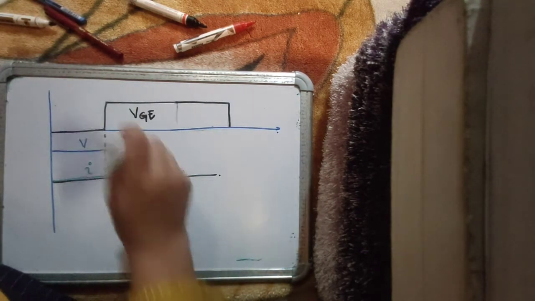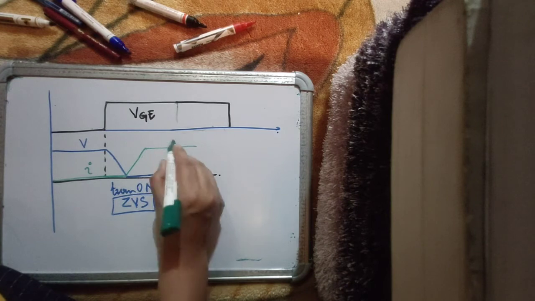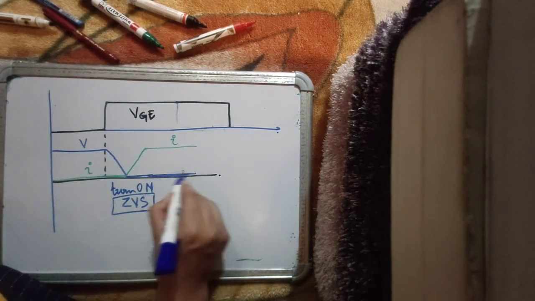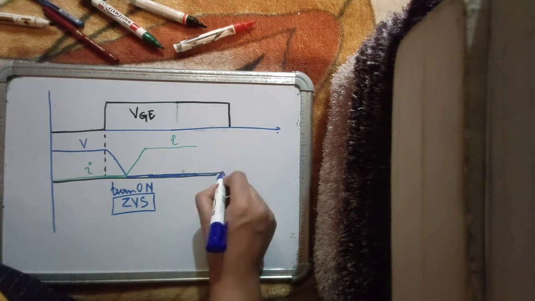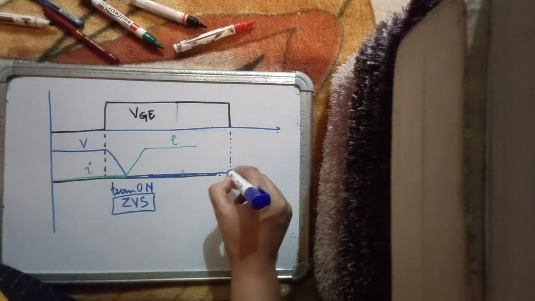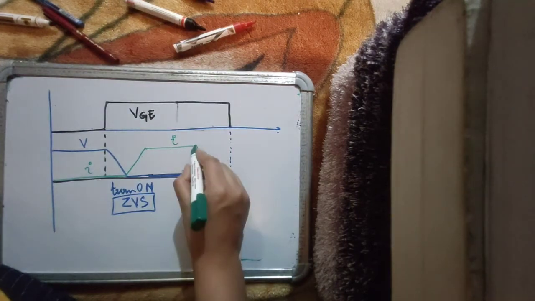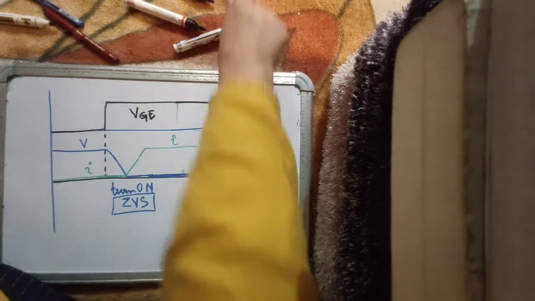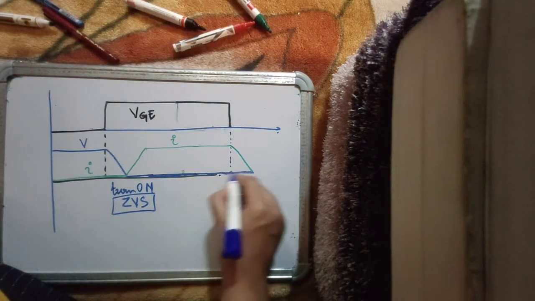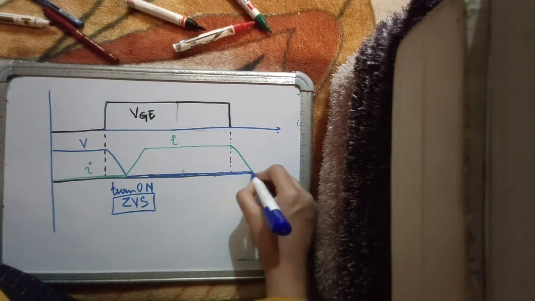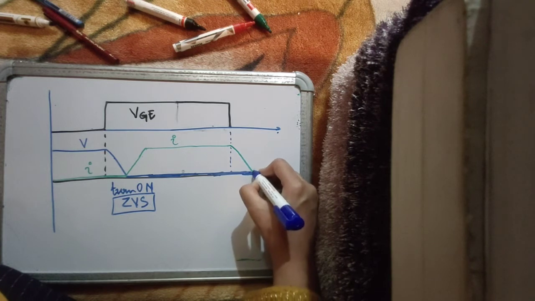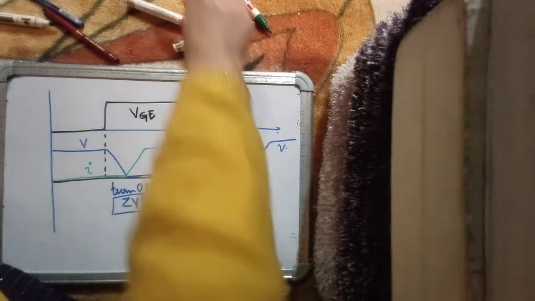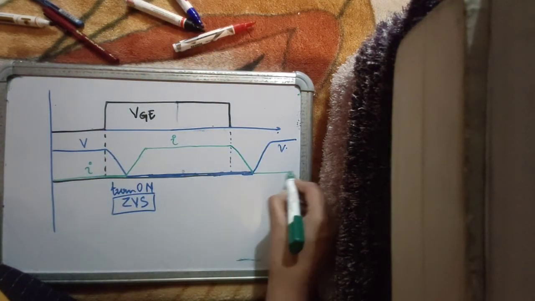Right? And then the device is on, it's carrying current, it's dropping almost zero voltage, all the way till you suddenly turn it off. And when you turn it off, first the current falls, the voltage remains zero, and then the voltage starts rising, and then it acquires some peak value and current becomes zero.